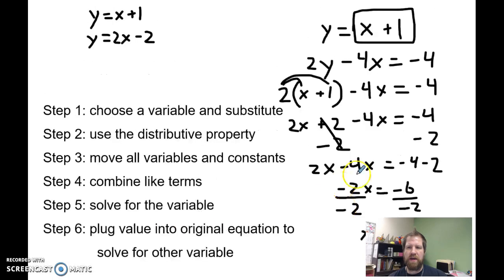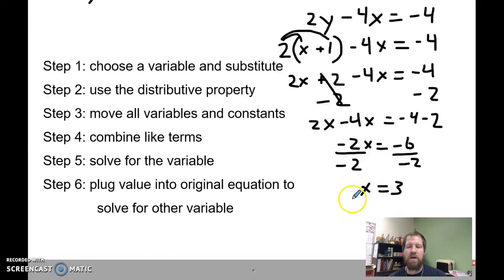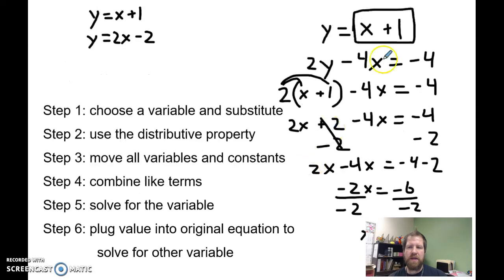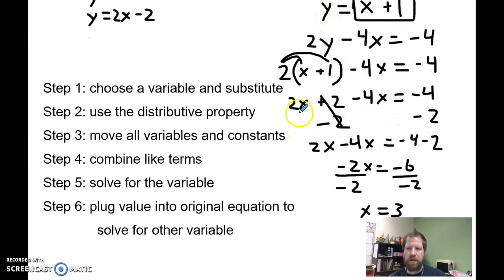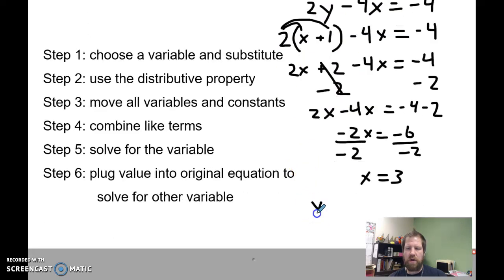The way I'm going to do that is to plug it into my original equation, the one where I already have y isolated. You should always have one where you have your other variable isolated, because that's how you substitute into the other equation.